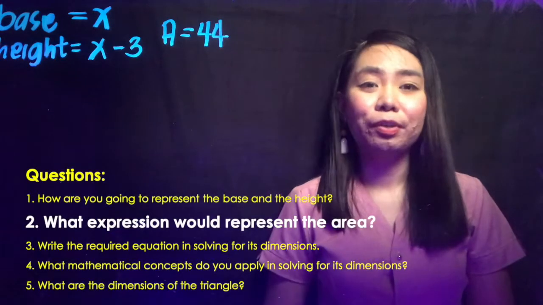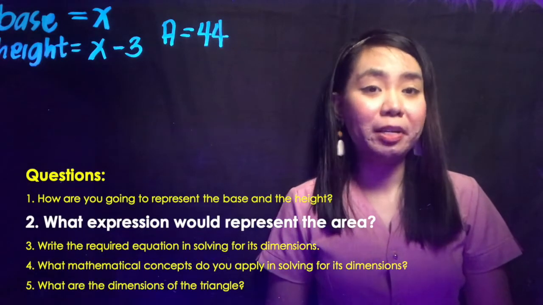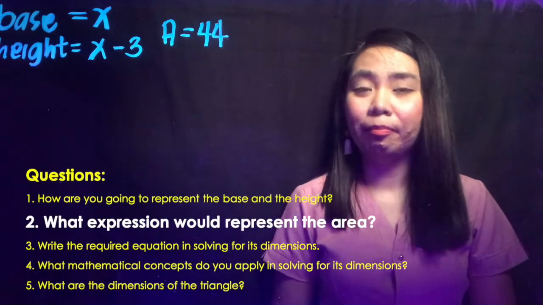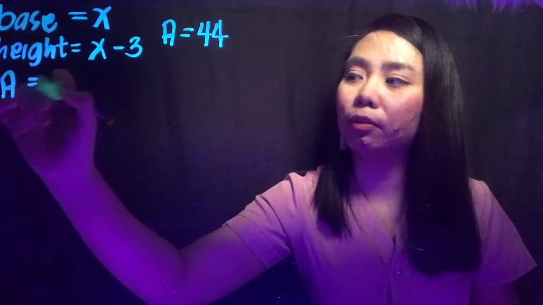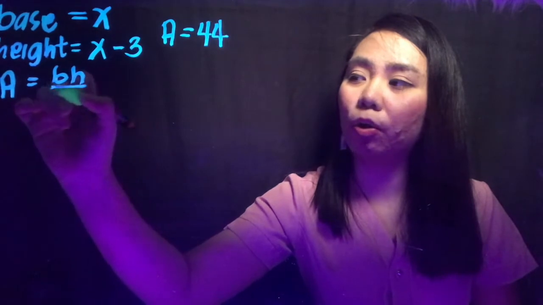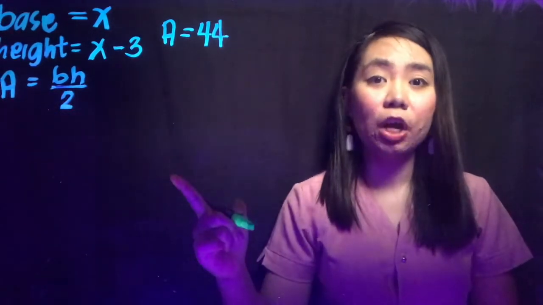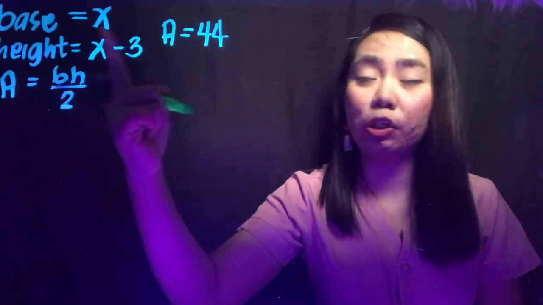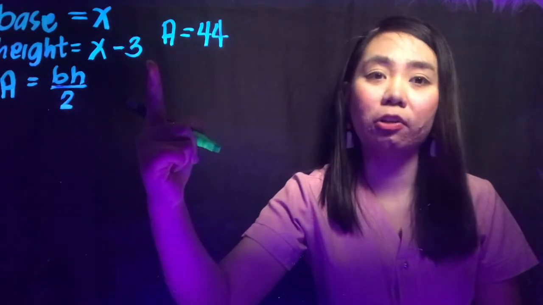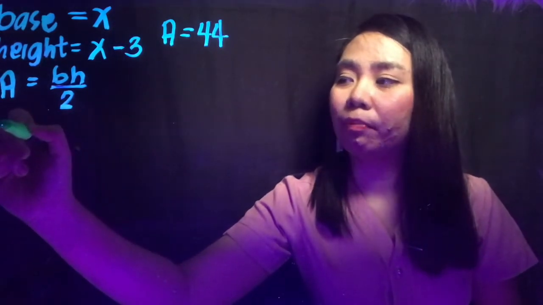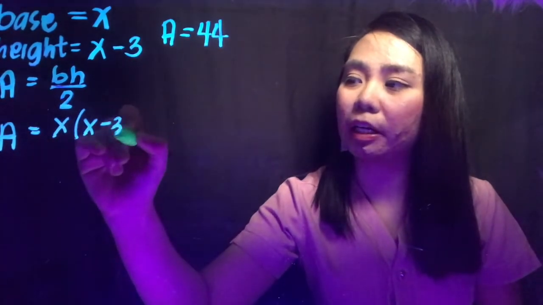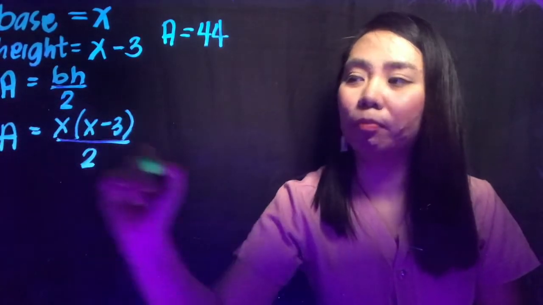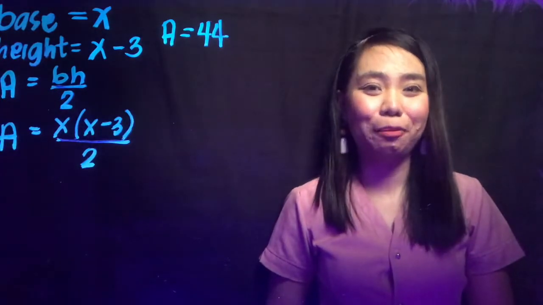Number 2. What expression would represent the area of the triangle? Going back to the area, we know that the area is equal to base times height all over 2. We will substitute your base, which is x, and your height, x minus 3, which gives us A is equal to x times x minus 3 over 2. So that's your answer for question number 2.